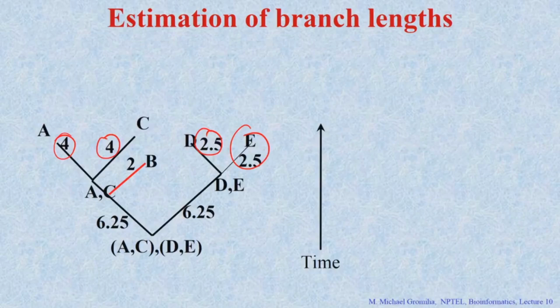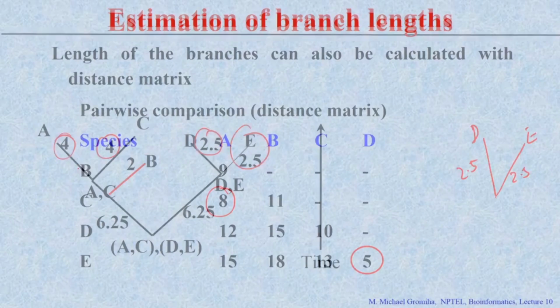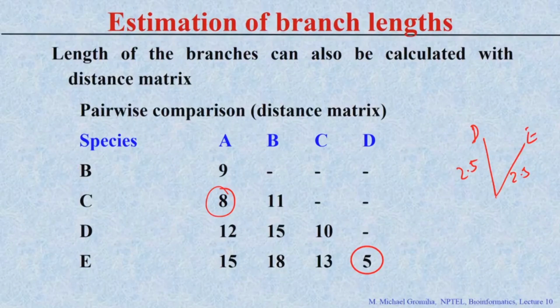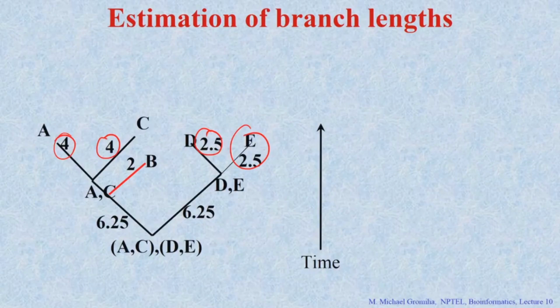For example, if you go from here to here, if you add up these numbers as well as if you add the values here, for example, A to E, this is 15, but A to E if you add from here to here, you will get a different number. In this case it is not able to exactly account some numbers.